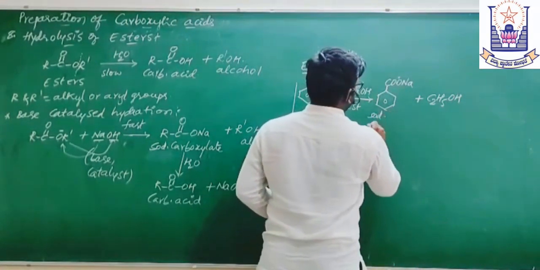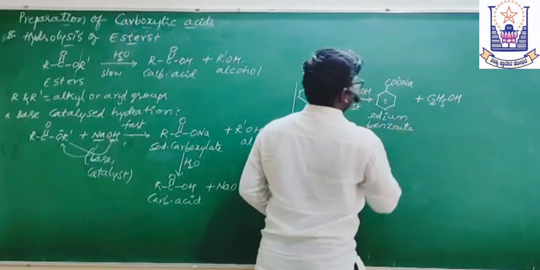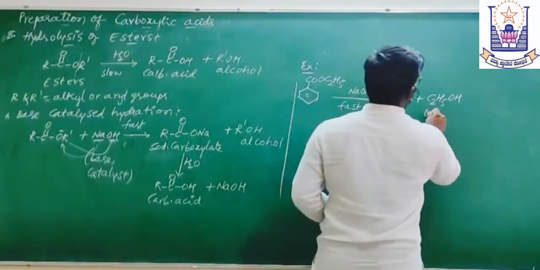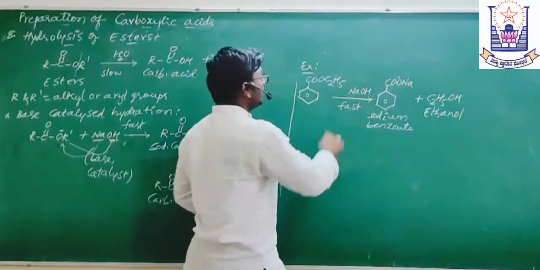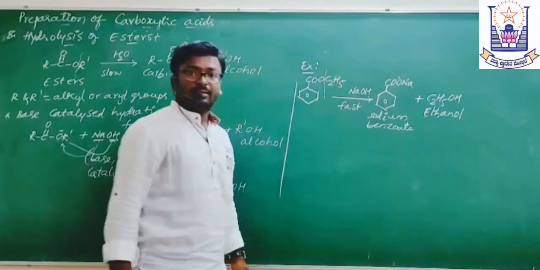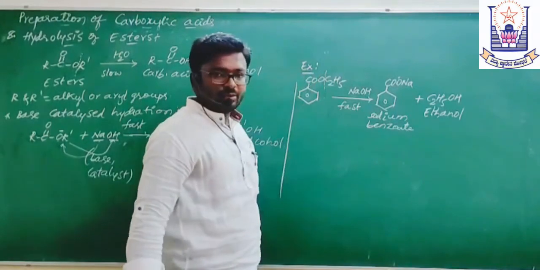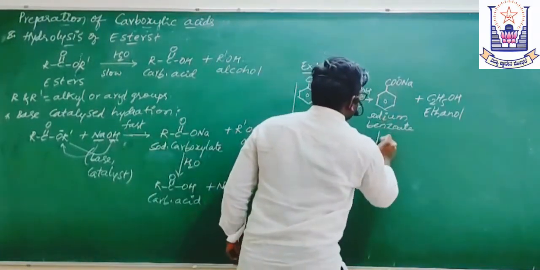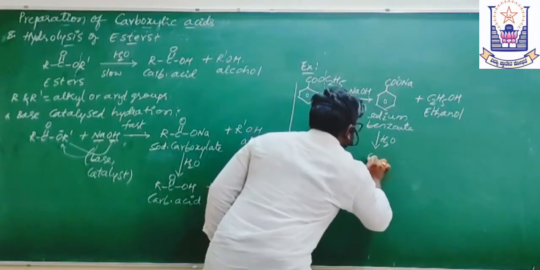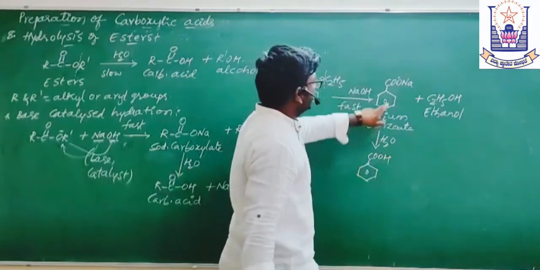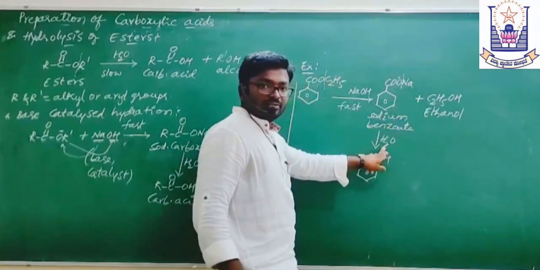Sodium benzoate, and this is ethanol or ethyl alcohol. Where has the bond been broken? At this part. The carboxyl part will be at one end. On hydrolysis this will give benzoic acid, plus here H plus will join and Na will take the OH minus of the water.